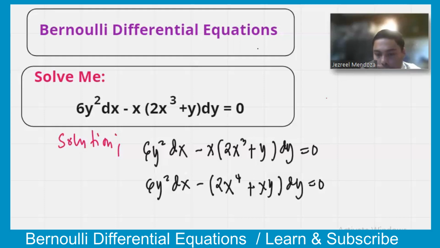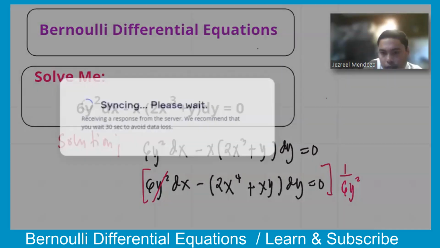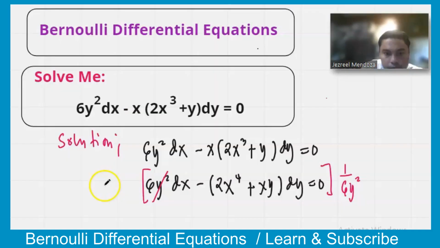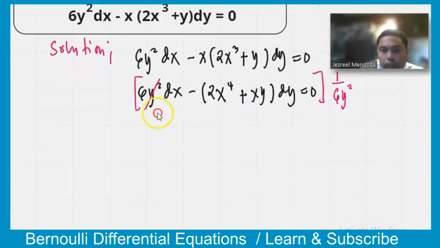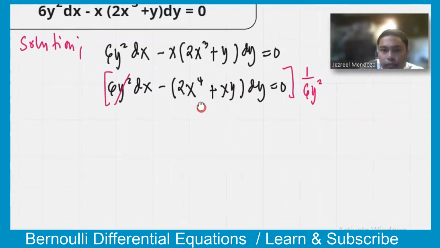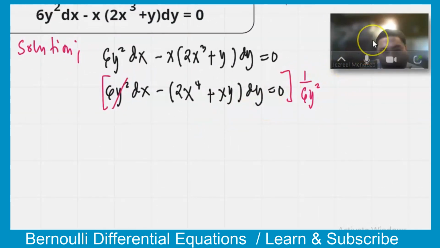After that, let's divide both sides by 6y squared. This can be cancelled out, and the remaining is dx only.